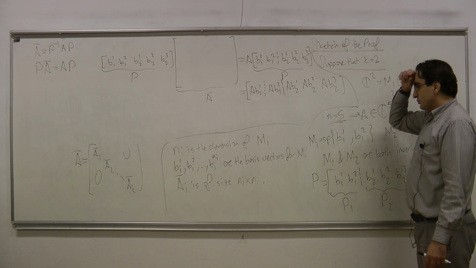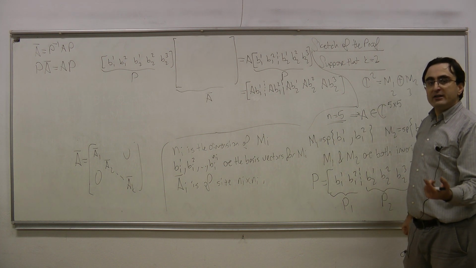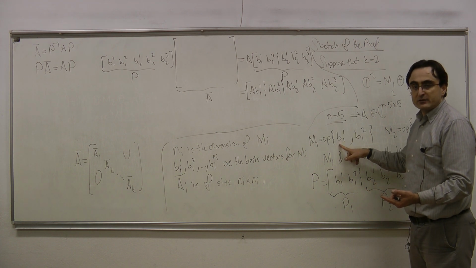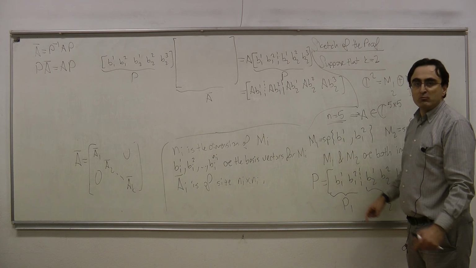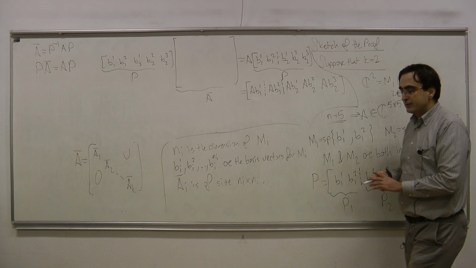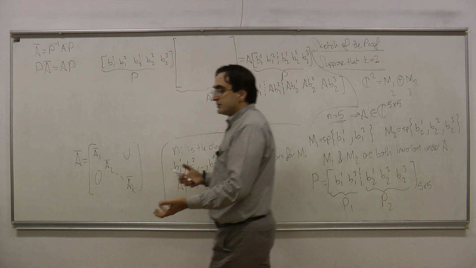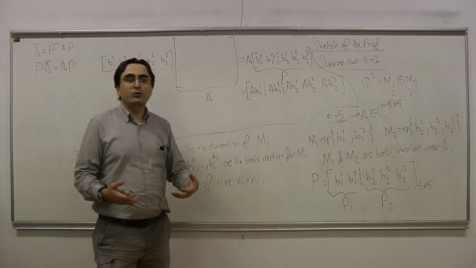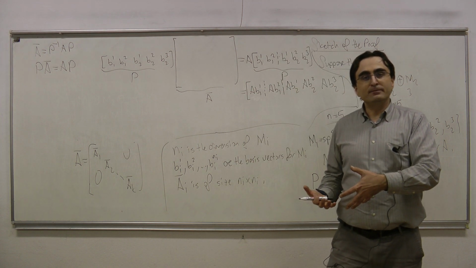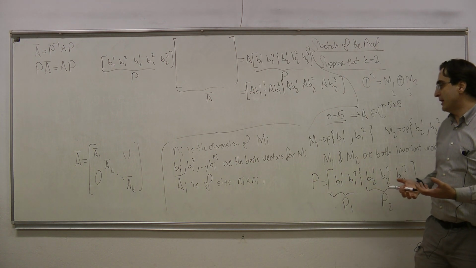Okay? So if M1 is invariant under A, then A times the first basis vector here would be also in M1. Okay? If M1 is invariant, when I take any vector in M1 and when I transform it with A, I need to obtain another vector in M1.